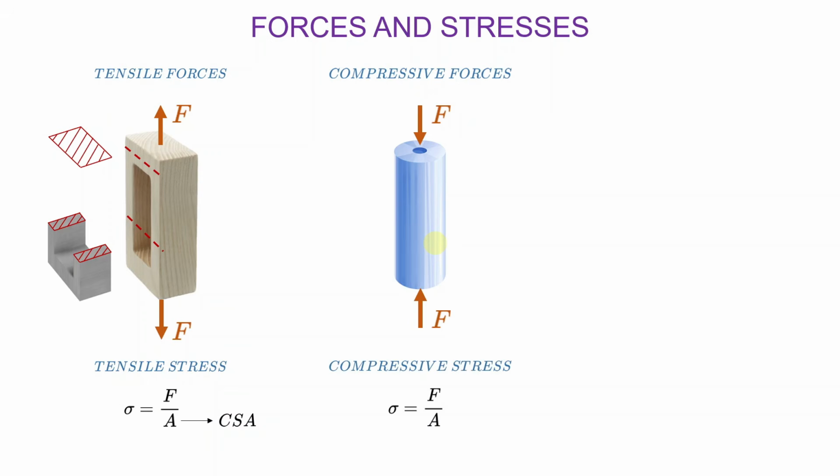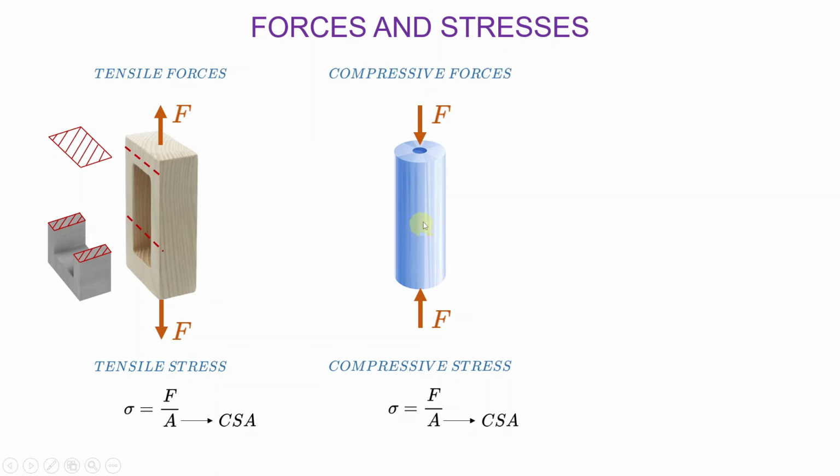So the equation for the compressive stress is the same as the equation for the tensile stress. It's equal to the force divided by the area. And again, the area here is the cross-section area. And so in the case of this cylindrical tube, you can see that the cross-section area is uniform throughout.